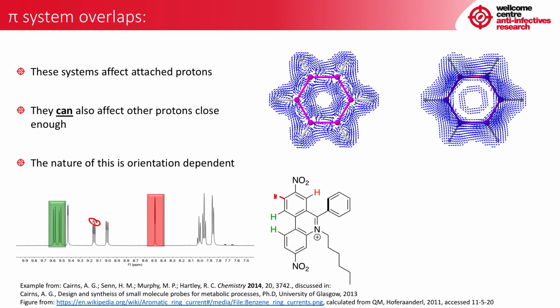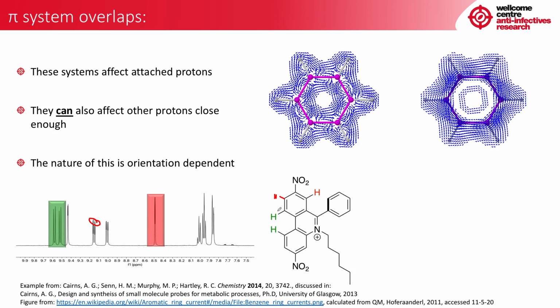Now in reality, these signals, which are the ones at the back of the ring system, are significantly downfield, despite not being in the more activated position with regard to the nitro group, despite being in the meta position where they're not conjugated with the nitro group.